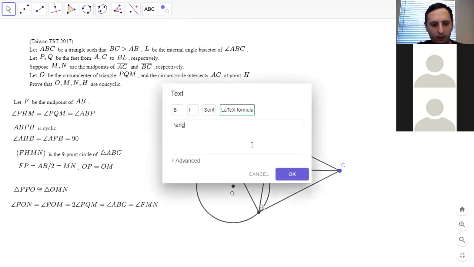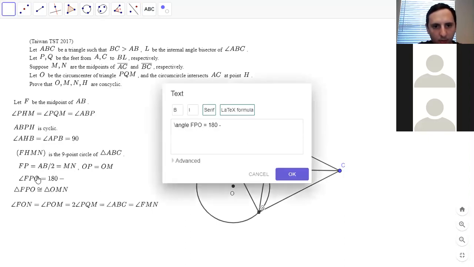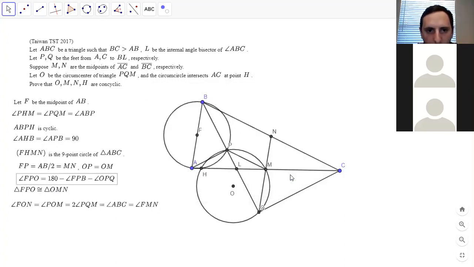So angle FPO is 180 minus angle FPB minus OPQ, and that's 180 minus FBP.